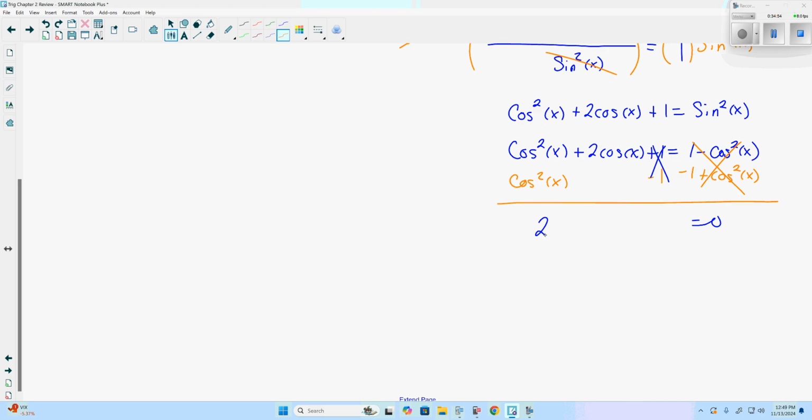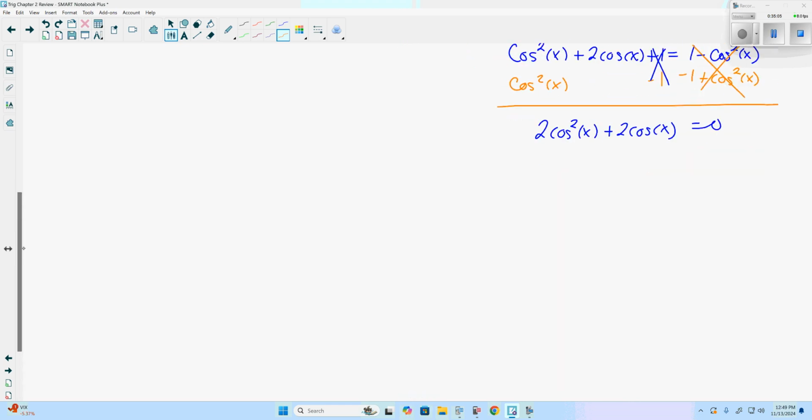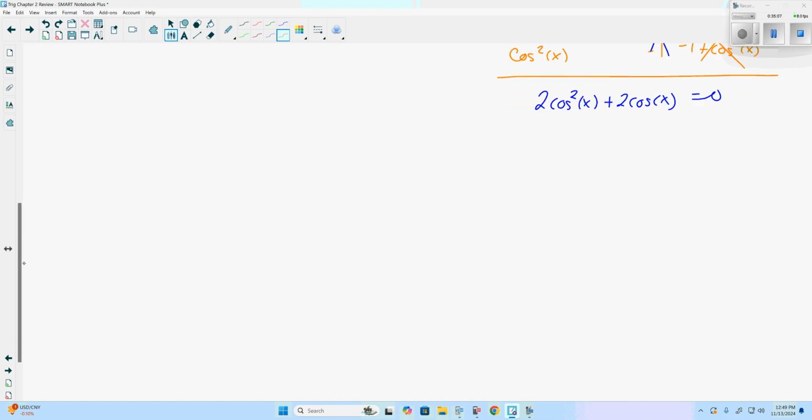That becomes 0, telling us that we have 2 cosine squared of x plus 2 cosine of x. We'll have to check pi over 2 in a minute. We can factor this here and solve, telling us that 2 cosine of x times cosine of x plus 1 is equal to 0. So we either have that cosine of x is equal to 0, or cosine of x plus 1 is 0.